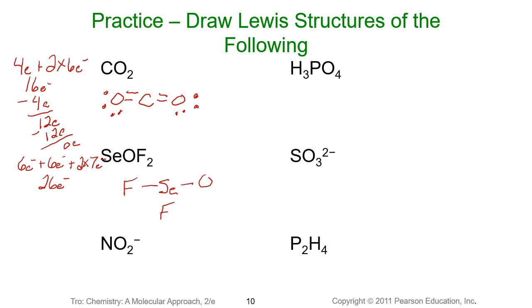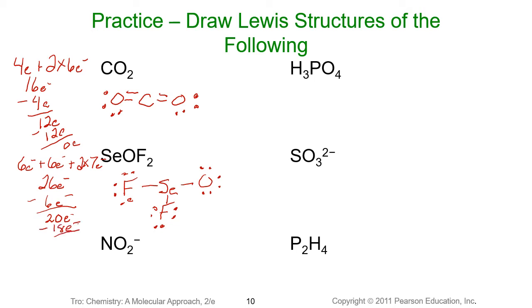We know that we have to have at least a bond holding them together. That uses 6 electrons. We have 20 left to use. We fill our outside octets. That uses 18 of our electrons.